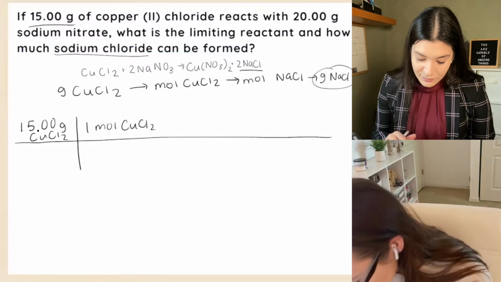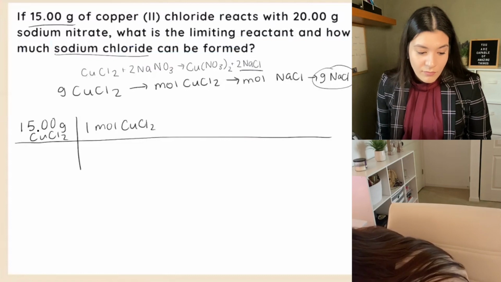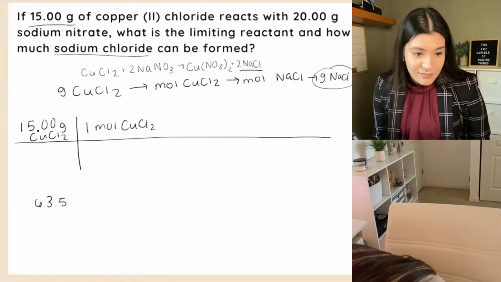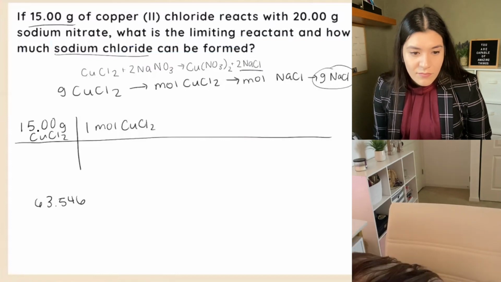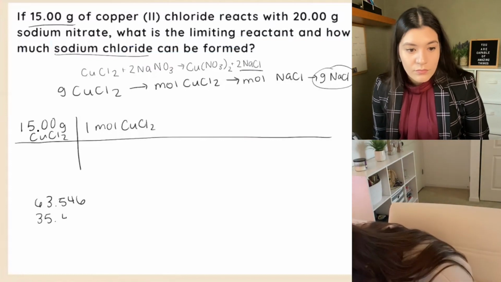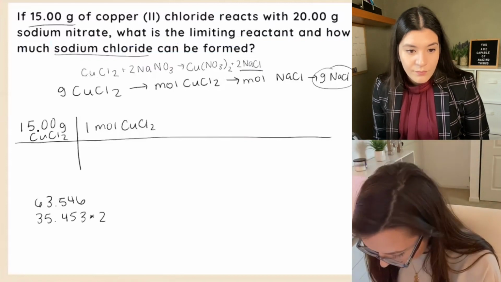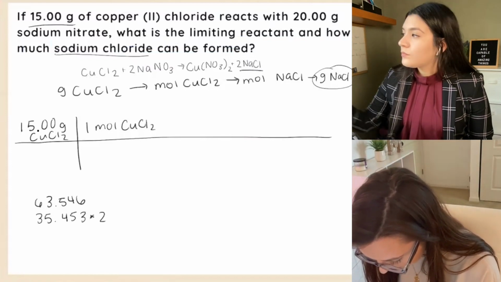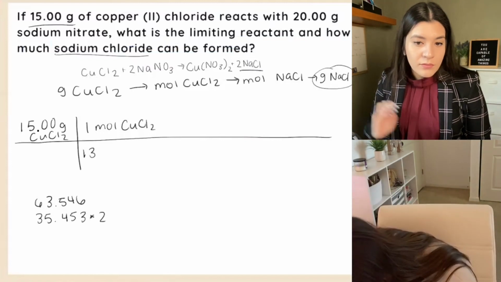All right, so copper is so tiny. Okay, 63 point 546, and then chloride is... Okay, so 134.